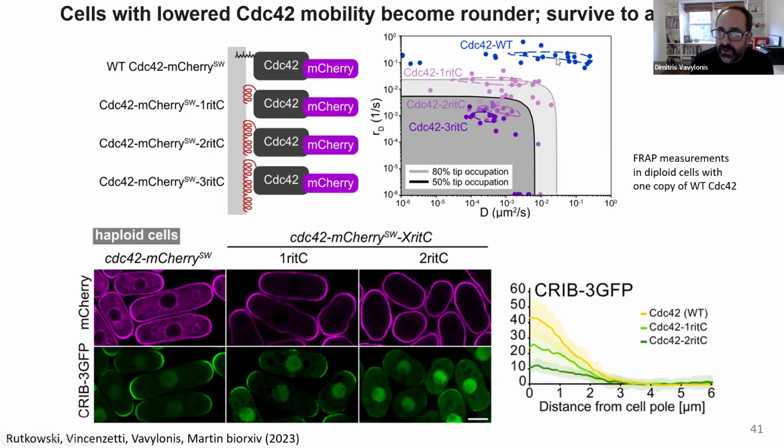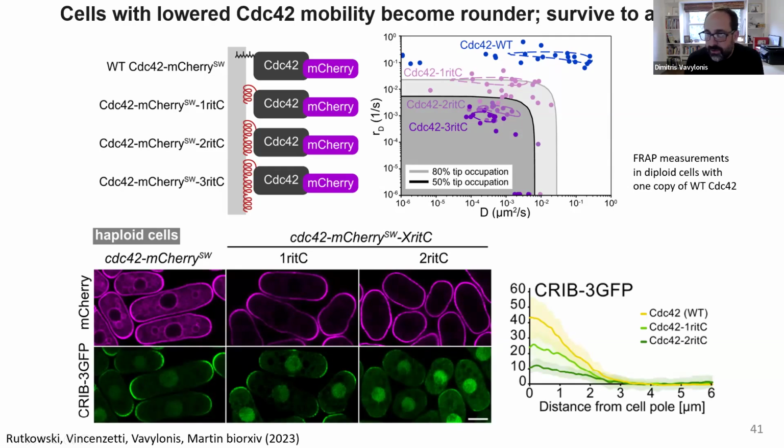And you can see how in FRAP experiments with diploid cells that have both wild type and this mutant CDC42, they could bring the diffusion of CDC42 into the range where the patch must now be displaced by flow. So what happens here is that if you only have that copy, the 1-RITC cells and 2-RITC cells lose their polarization and become rounder.